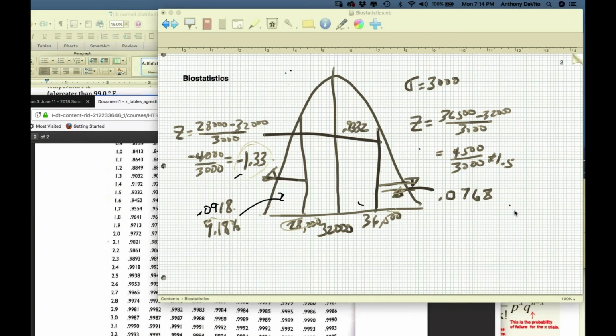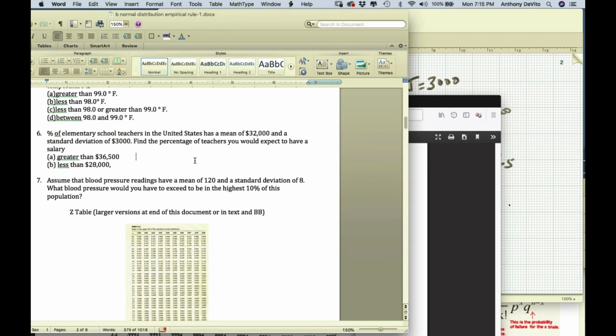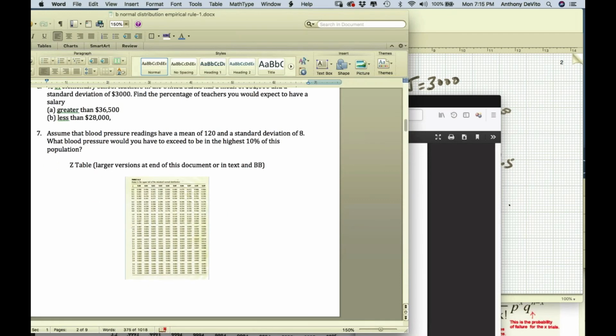If you're looking for the area, basically the area below a z-score of negative 1.5 is going to be the same size as the area above a z-score of 1.5. And that's true because they're symmetrical, right? Excellent point. Okay. So I'm going to move on to something a little bit different.